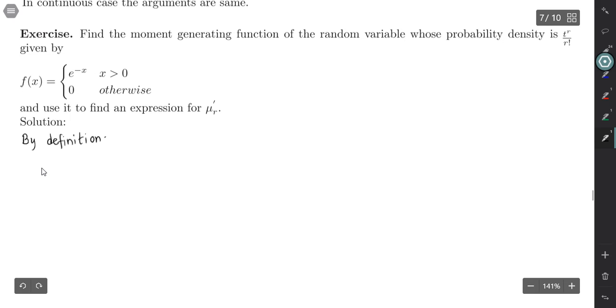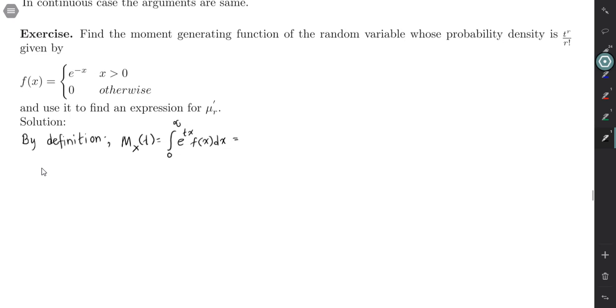We know that mxt is the integral over the support of x, from 0 up to infinity, of e to the tx fx dx. Our fx is now e to the negative x.